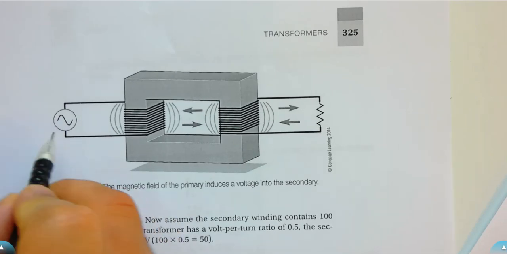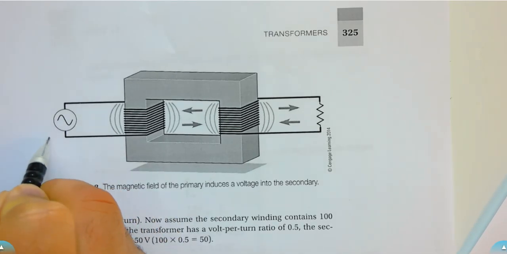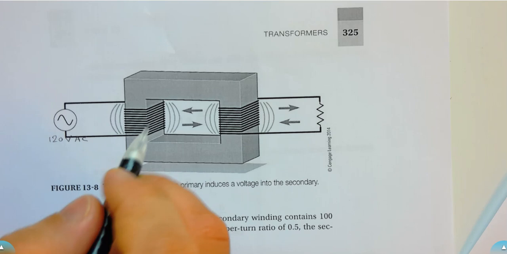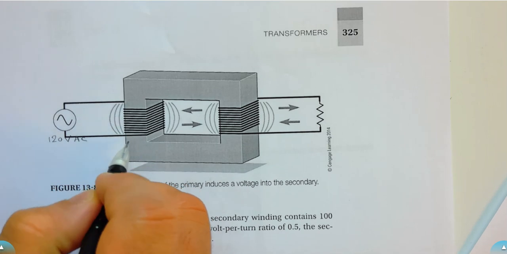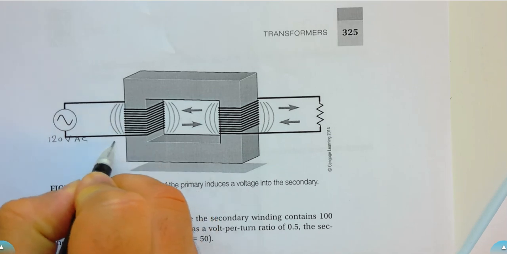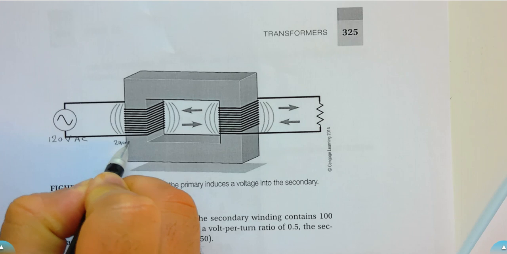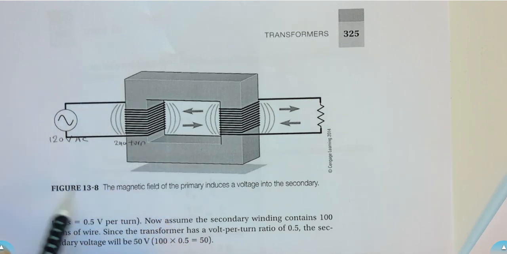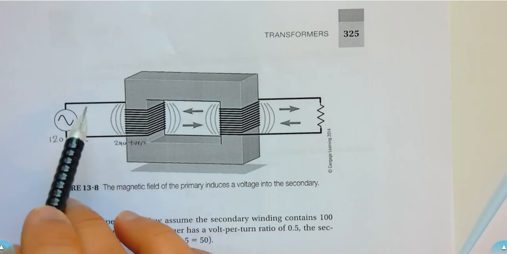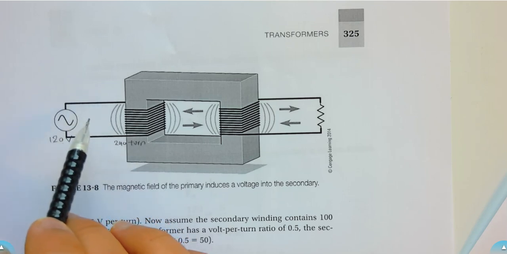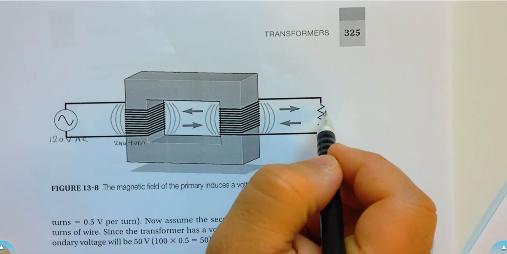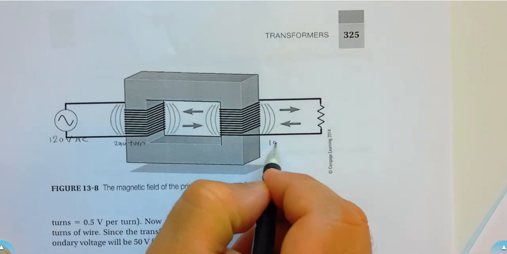This is the AC voltage, and you can see this is 120 volts AC. The turns here are 240 turns. This is the primary side. And here there is a load, and here there are 100 turns.